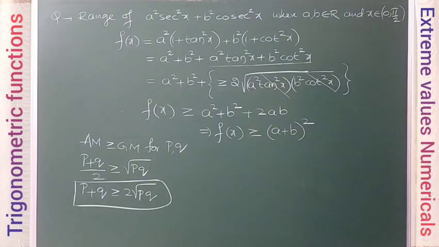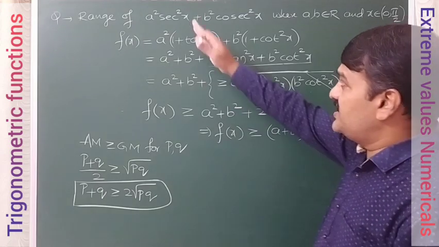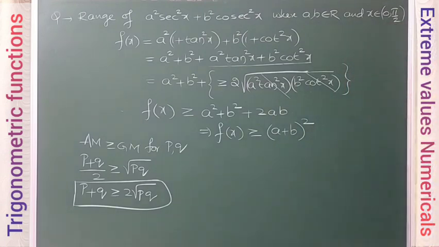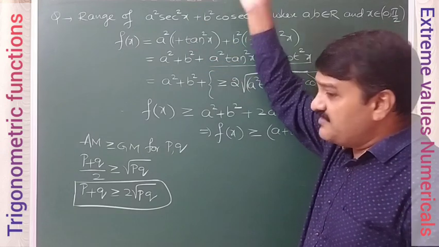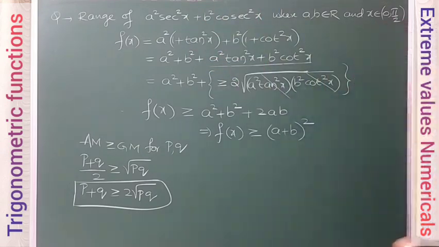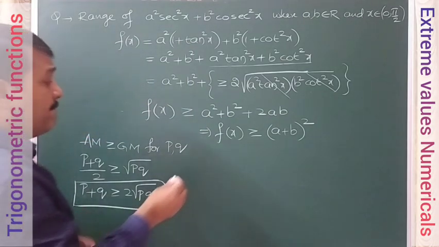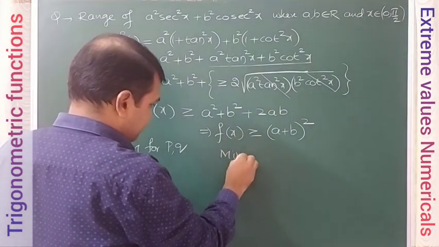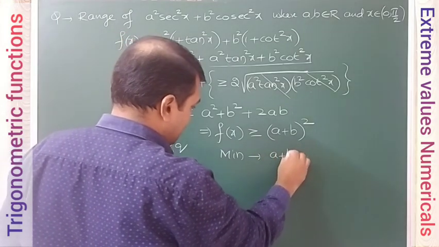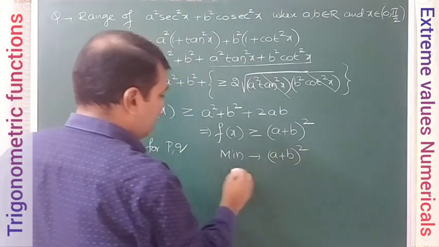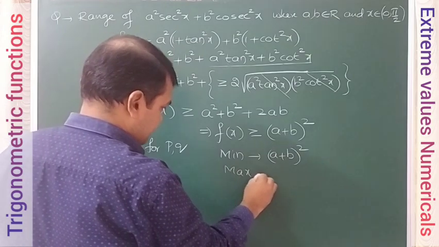We cannot discuss the maximum value of the function because secant x, cosecant x actually tend to infinity when x is between 0 to pi by 2. Cosecant x is also like that only. Therefore f of x greater than or equal to a plus b whole square means the minimum value we can write is a plus b whole square. Maximum value we cannot discuss.